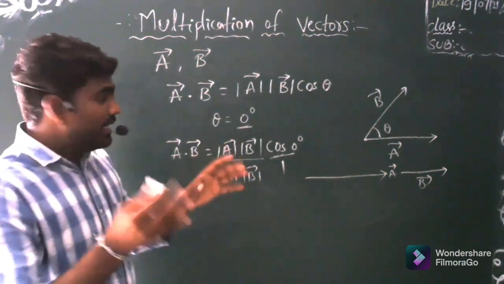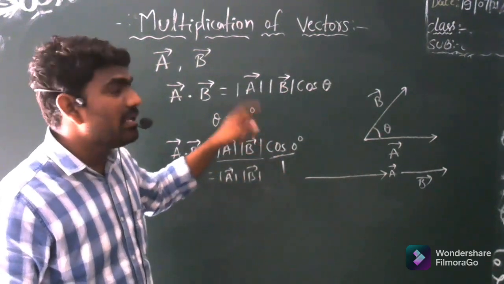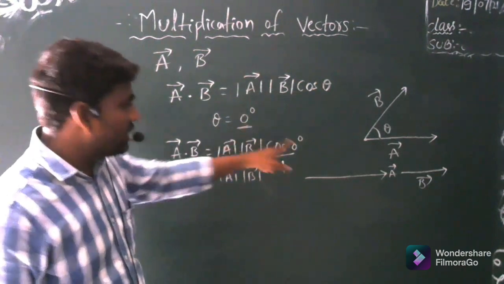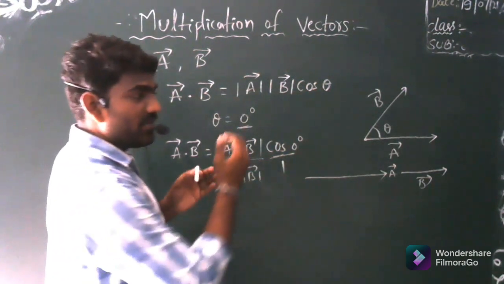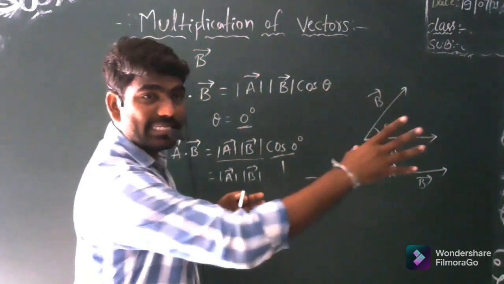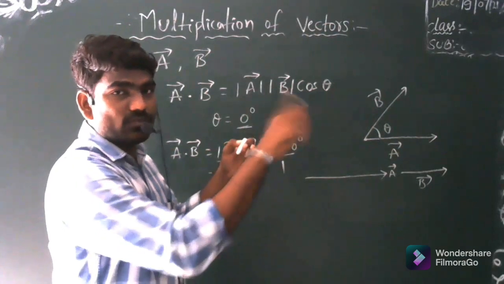So here you can identify that the cos value changes from 1 as the angle changes. Because cos 0 is 1, and whenever the angle increases, the cos value decreases. Finally, when it reaches 90 degrees, the value becomes 0.